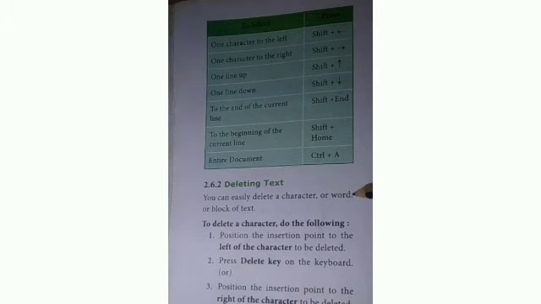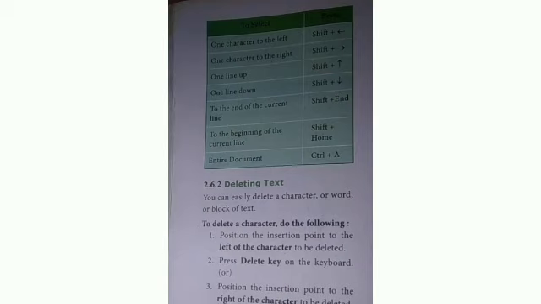Before that we have to bring the insertion point here, then press shift plus left arrow, and the D will be selected. If we want to select one character to the right, for example, the cursor is here, we can use shift plus right arrow, and the W will be selected.